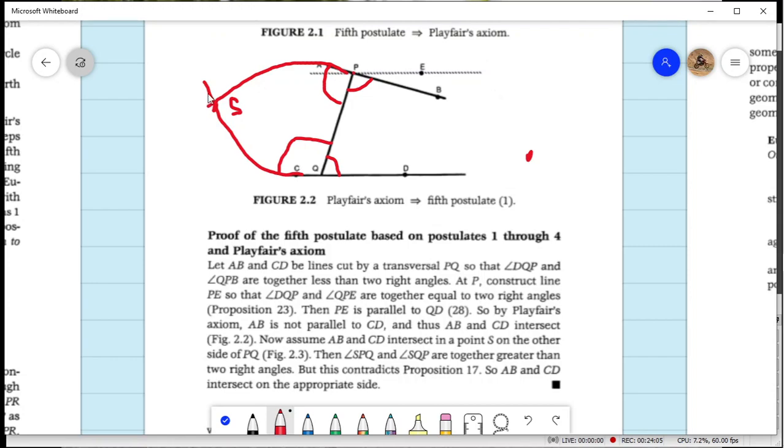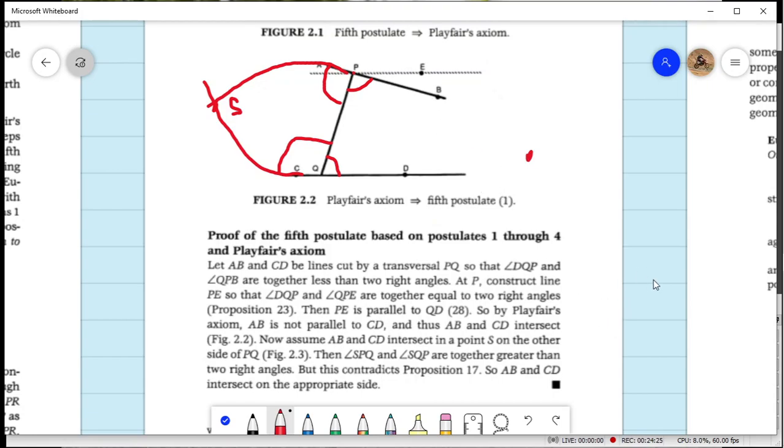Hence, the intersection cannot be on this side. Indeed, these two should intersect, but the intersection cannot be on this side, but it should be on the side wherein the sum of the interior angles is less than the sum of 2 right angles, or that is 180.